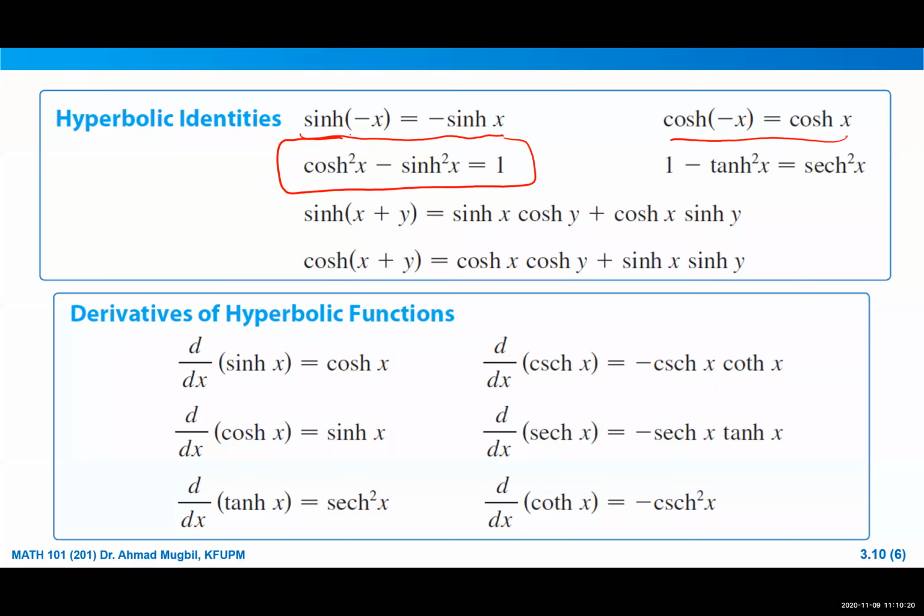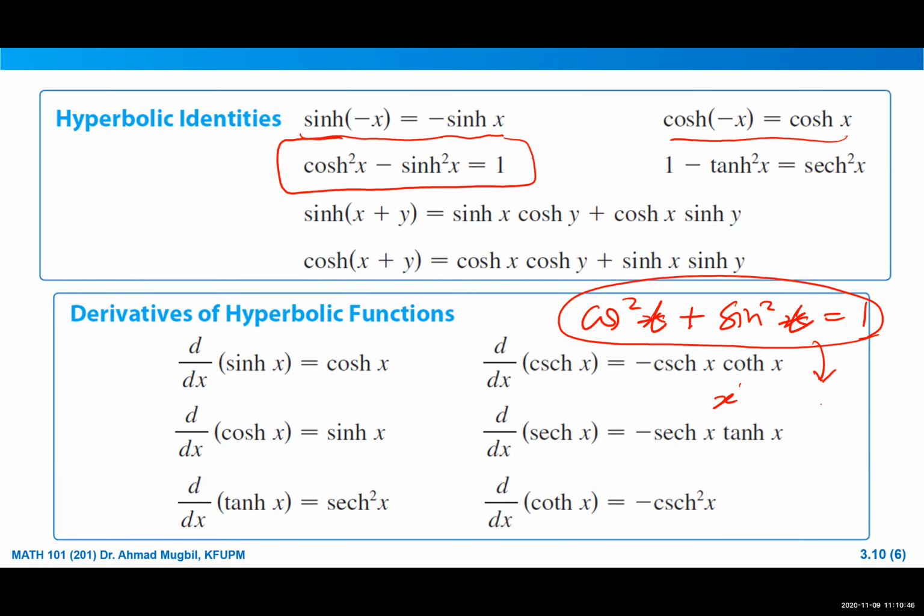In the case of the usual circular functions, if this is theta, let's say this is t, this will be like x squared plus y squared equals 1.